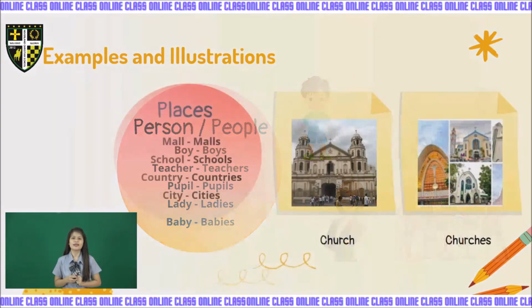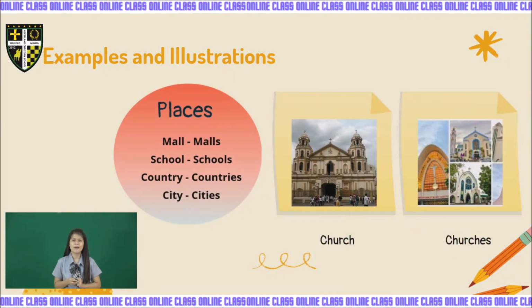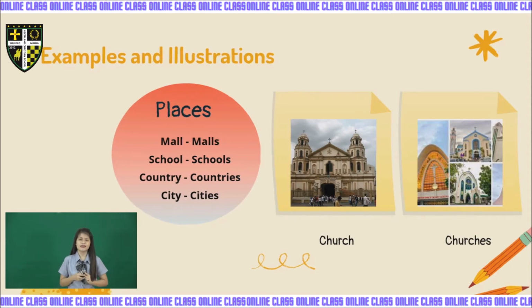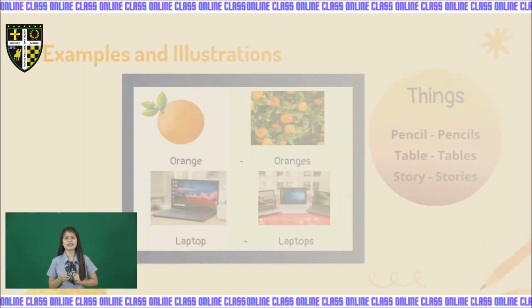Next, we have places: mall, malls, school, schools, country, countries, city, cities, church, and churches. Do you notice they are ending in S or ES once they are formed in plural nouns? So you must remember this, kids. Okay? Next, let's proceed to another example.